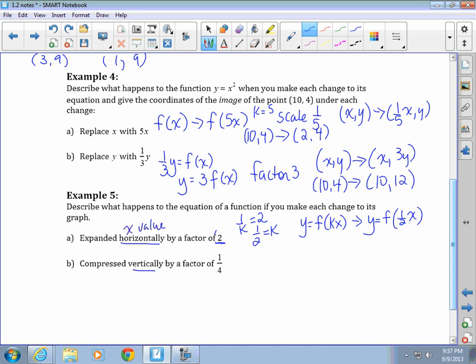So if it's compressed vertically, vertical changes means that the y is affected by a factor of 1/4. So if the factor is 1/4, then that means that's what your a value was equal to.